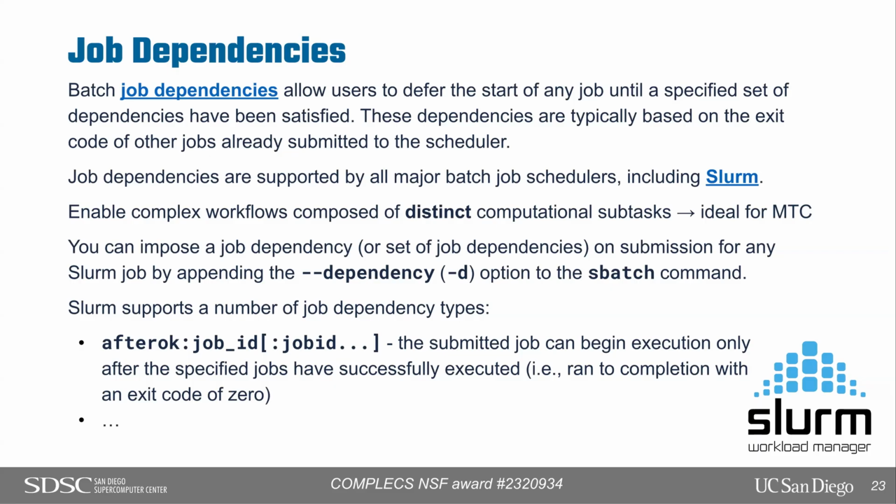In the case of Slurm, it's based on job IDs, and there are different types of dependencies that you can set up. The most natural one, which is the only one I've listed here, is afterok. If you submit a job with a dependency, you have to choose one of these conditions. If I make this job dependent on job ID 0 and I'm job ID 1, I tell the scheduler I can't run unless job 0 completes successfully.